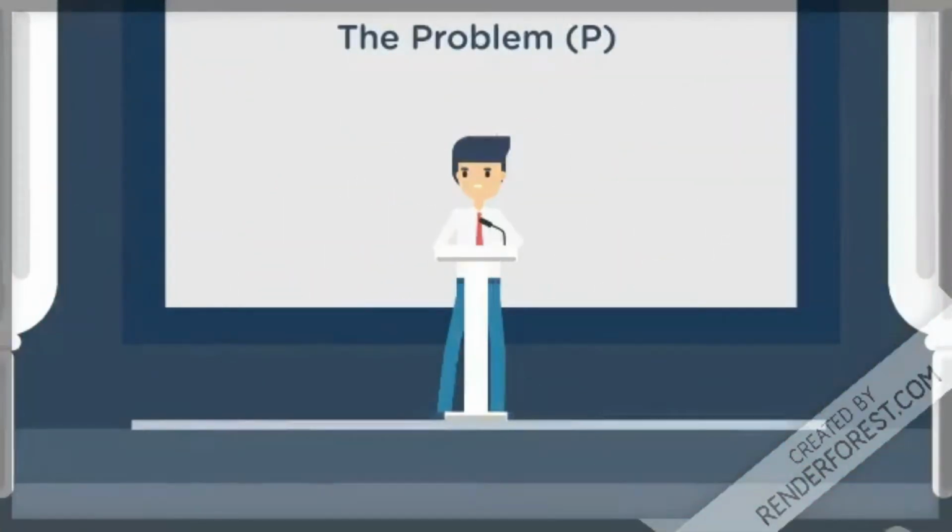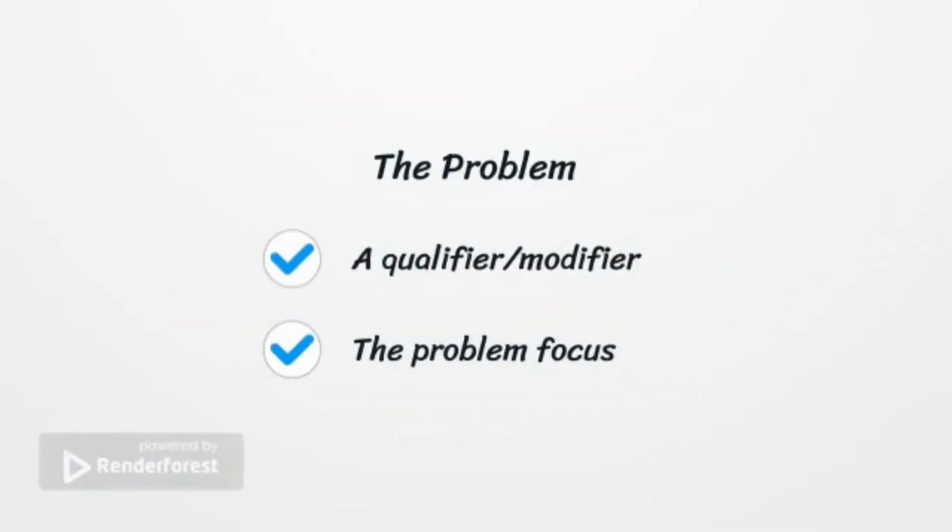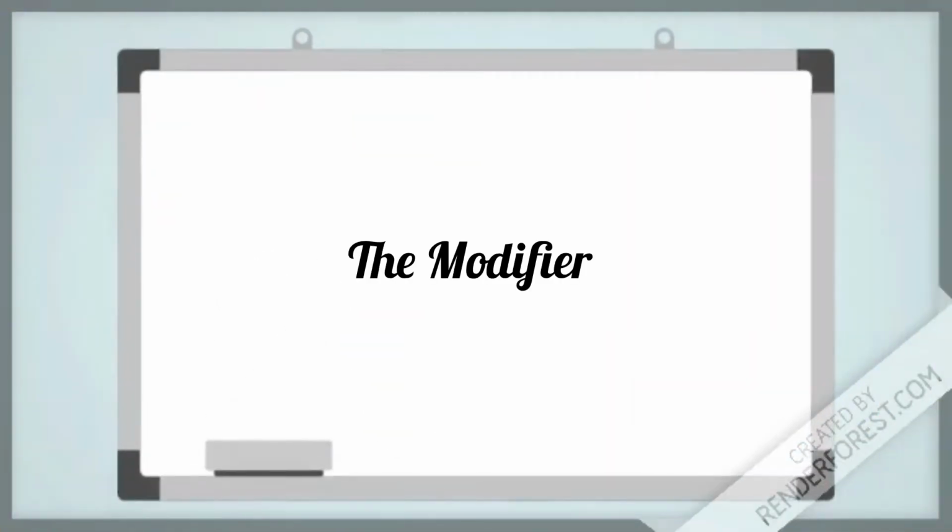Now, the problem has two parts. The problem, that is the P, has two parts. It has first a qualifier or a modifier. The qualifier or the modifier is like an adjective that describes the problem existing. Okay, so the qualifier or the modifier describes the problem, or modifies or qualifies the problem.